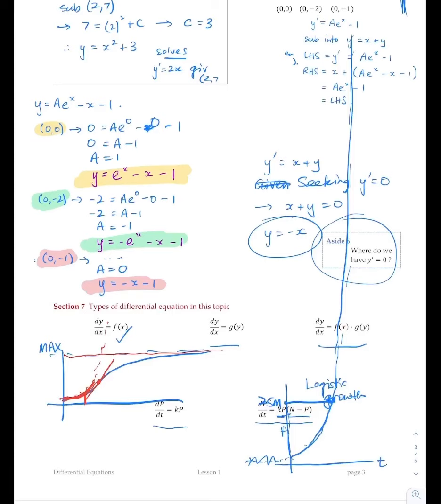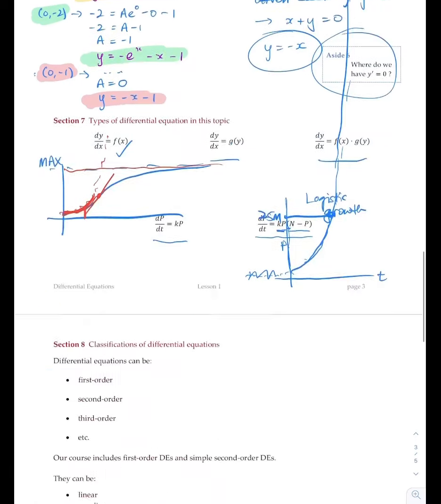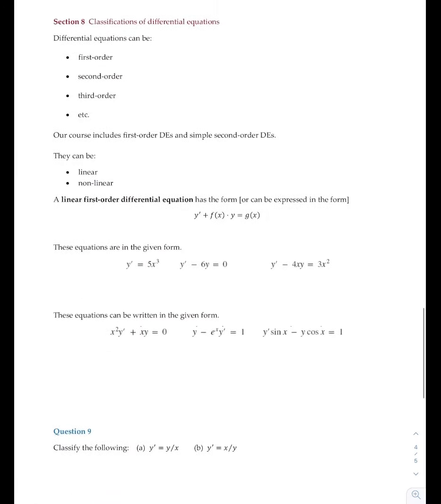Okay, moving right along. Section 8. Differential equations can be first order, second order, third order, and so on. I've covered the idea of that. So basically a first order could be something as simple as that, or that, or that, or y dash equals 7y.